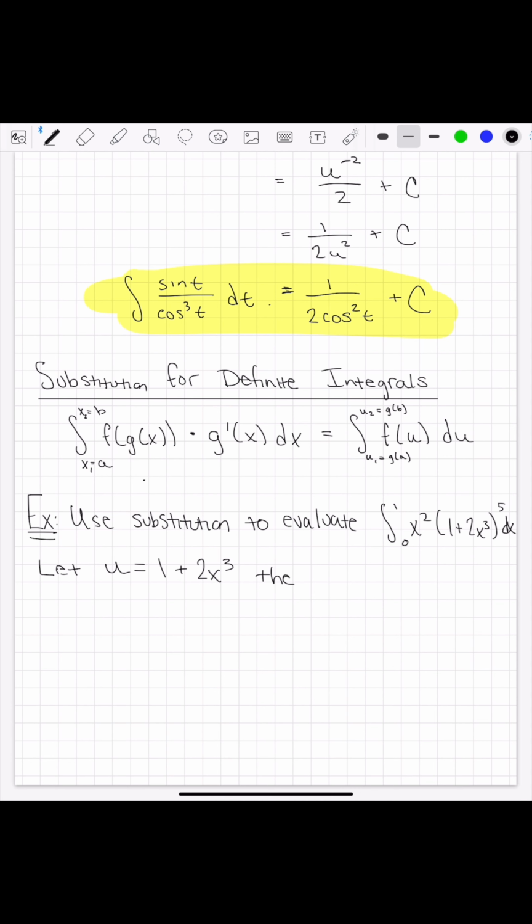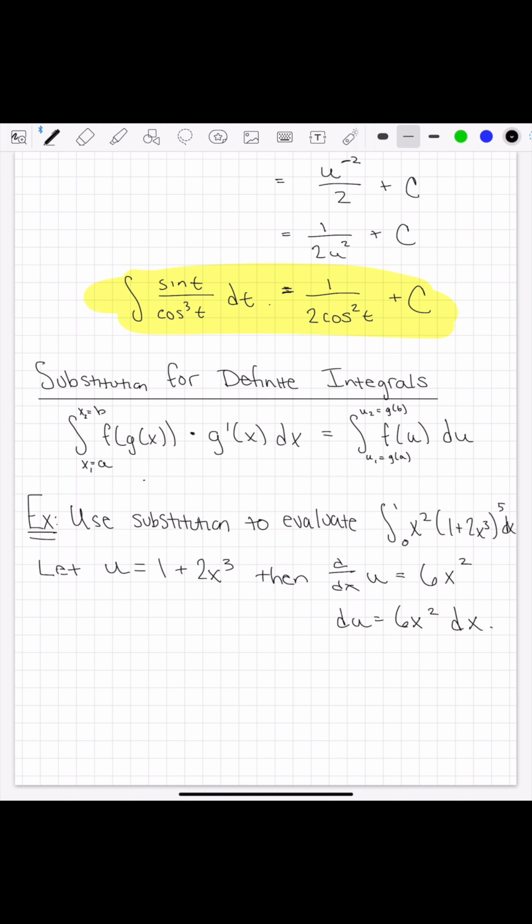Then we take the derivative of u, and what's that? 1 is going to go to 0, the derivative of a constant is 0, 2 times 3 is 6, and then subtract 1 from the exponent. So du is 6x squared dx. Okay.